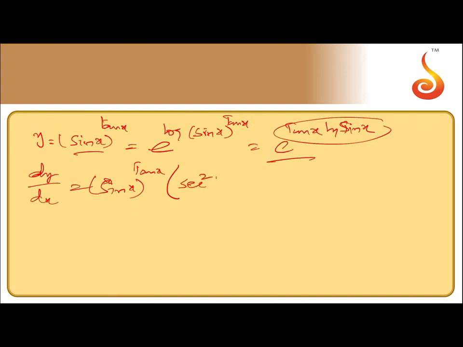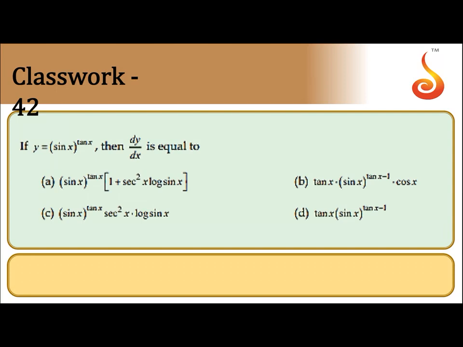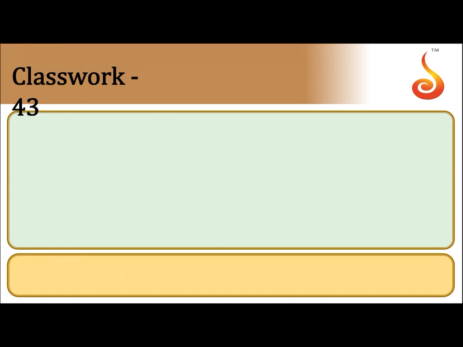Tan x derivative is secant square x, times logarithm of sine x, plus tan x multiplied by the derivative of log sin x, which is 1 by sin x into cot x. Tan x into cot x will become 1. So 1 plus secant square x into log sin x. Yes, 1 plus secant square x into log sin x is the first option as the answer.